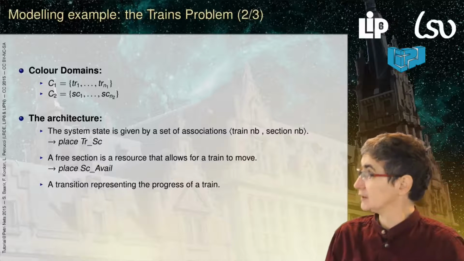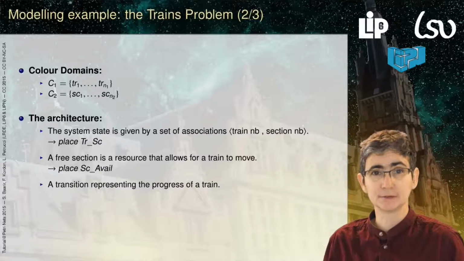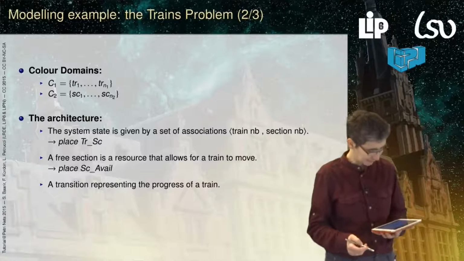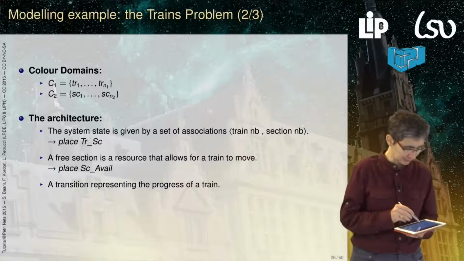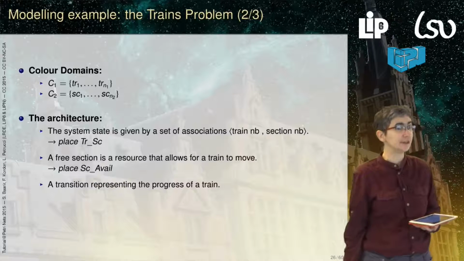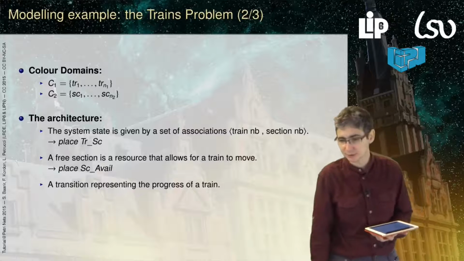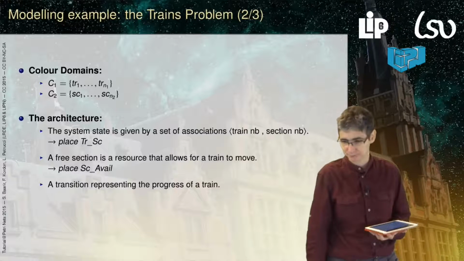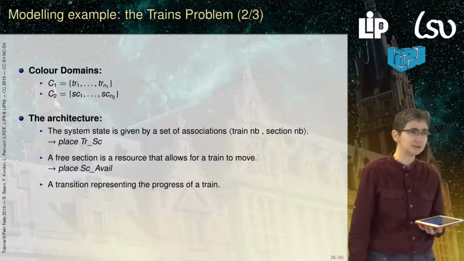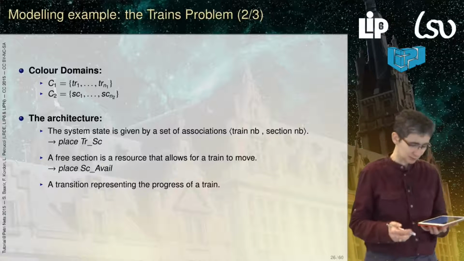Well, then you have the information on the sections that are occupied. But you want to check as well that some sections are free. Therefore, we'll have another place which we'll call SC avail, for sections available, and that will contain all numbers of sections that are available. The transition will model the progress of a train, so taking a train from one section to the next section where it wants to move.